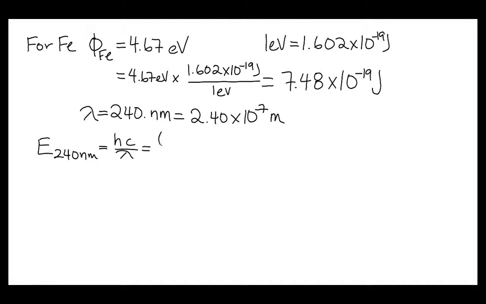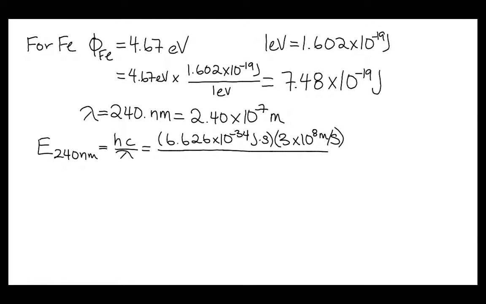And so if we plug in the necessary values, what we get is 6.626 times 10 to the negative 34 joule seconds times 3 times 10 to the 8th meters per second over 2.40 times 10 to the negative 7 meters. So if we cancel out the meters and seconds, what we will then get is 8.28 times 10 to the negative 19 joules. And that's the energy of the photons that have a wavelength of 240 nanometers.